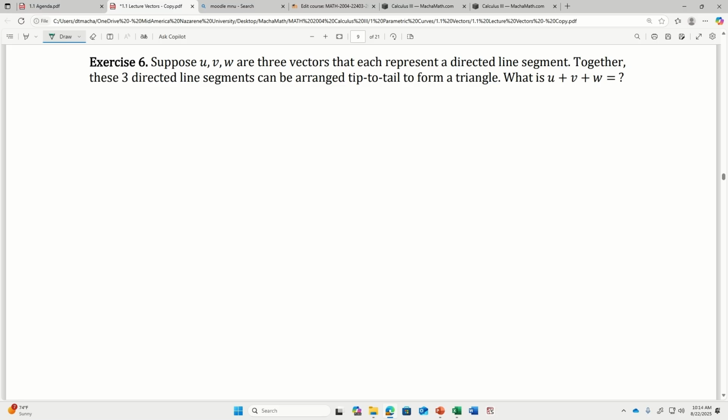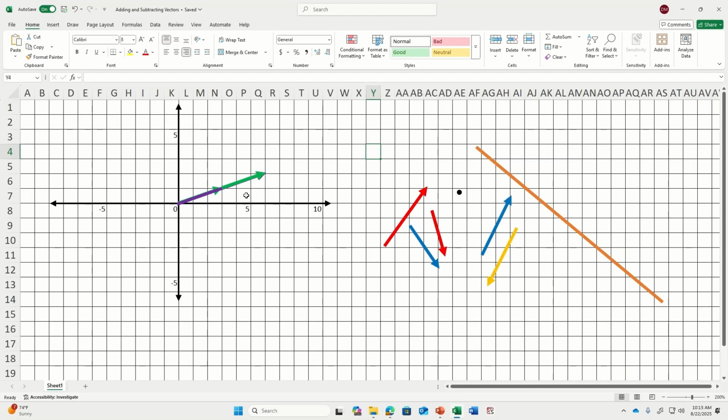What does u plus v plus w equal? Down to 0. Yeah, Carter knows.